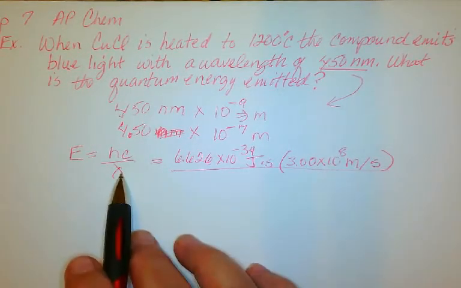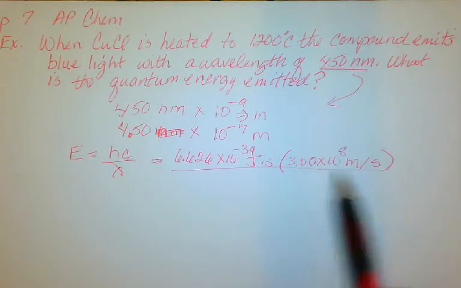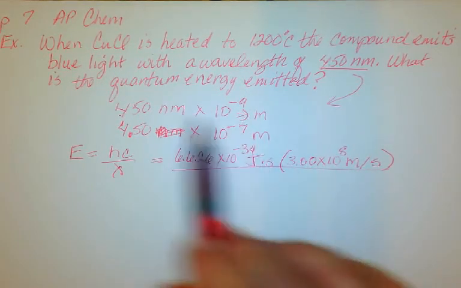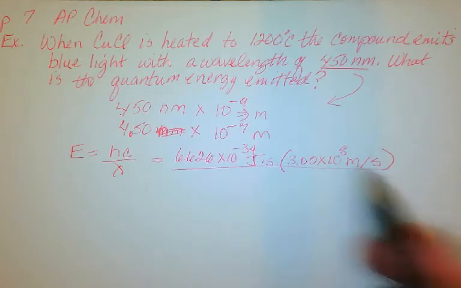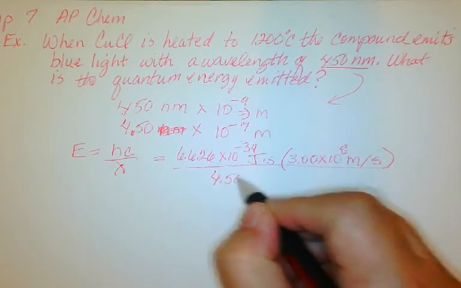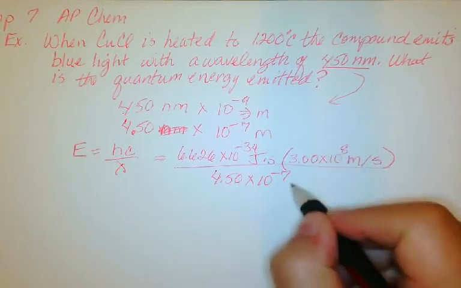What's the wavelength? Well, the wavelength was 450 nanometers. Again, the units in the equation for the speed of light are in meters, so we've got to use a value that's in meters. You could plug in either of these, but since I took the time to adjust this one, we'll go ahead and use it: 4.50 times 10 to the negative 7th meters.